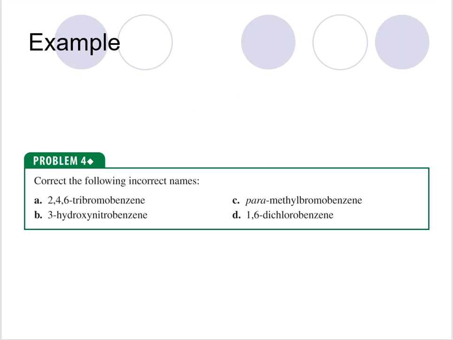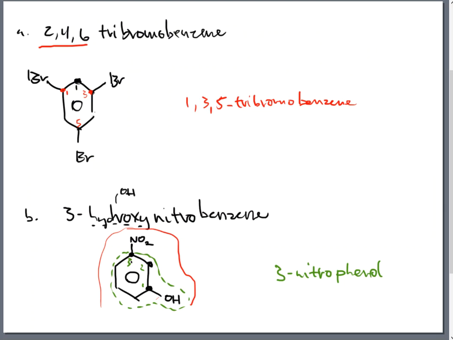All right, number C. Maybe these are getting a little bit better. Number C says para-methyl bromobenzene. All right, so let's clear off the screen. They told me para-methyl bromobenzene.